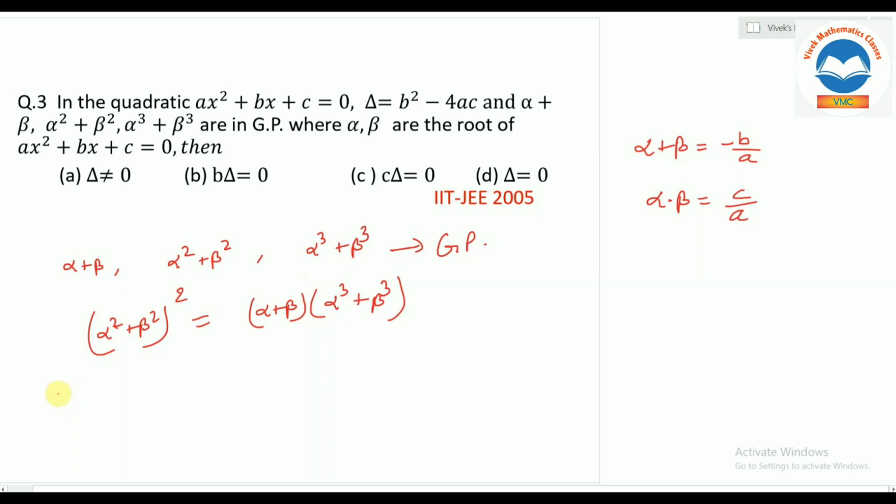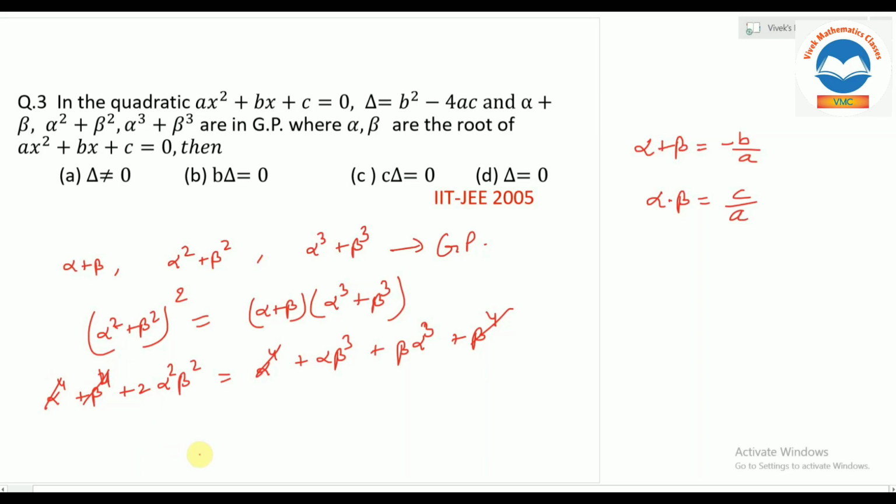Using the a plus b whole square formula, alpha to the power 4 plus beta to the power 4 plus 2 alpha square beta square will be equal to alpha to the power 4 plus alpha beta cube plus beta alpha cube plus beta to the power 4. Alpha to the power 4 and beta to the power 4 will cancel out.